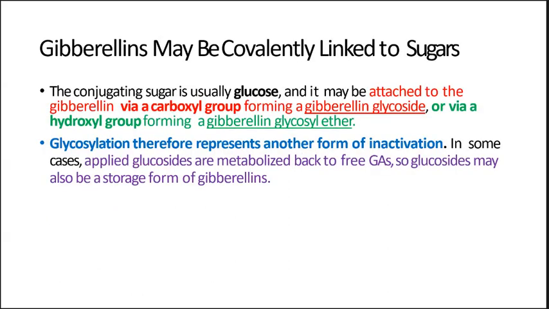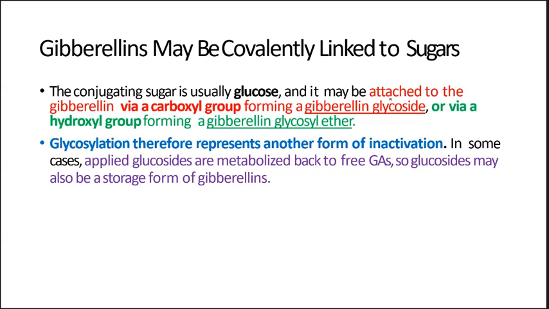Next, gibberellins may be covalently linked to sugars. I told you from the very beginning that we have to study the storage and the free form of the hormones also. So gibberellin either exists in the free form or is combined with a sugar to form glycosides.